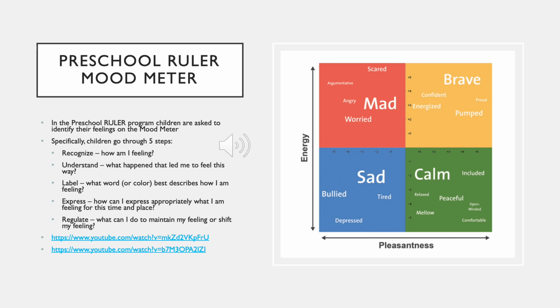And then what happened? Why am I feeling this way? Once I can better recognize why I'm feeling a certain way, I can label it. I might put my picture or point to a color or word on this chart that best describes how I'm feeling. In my home, I actually have my own version of a mood meter, you could say.